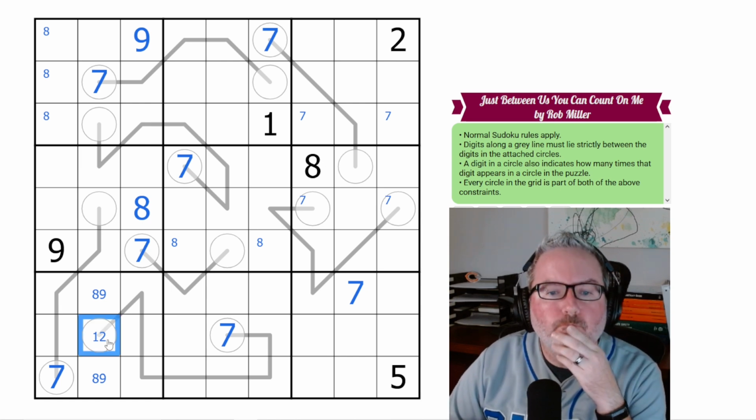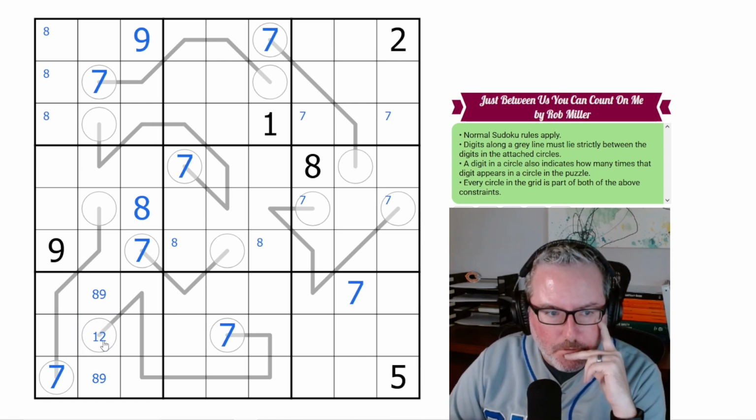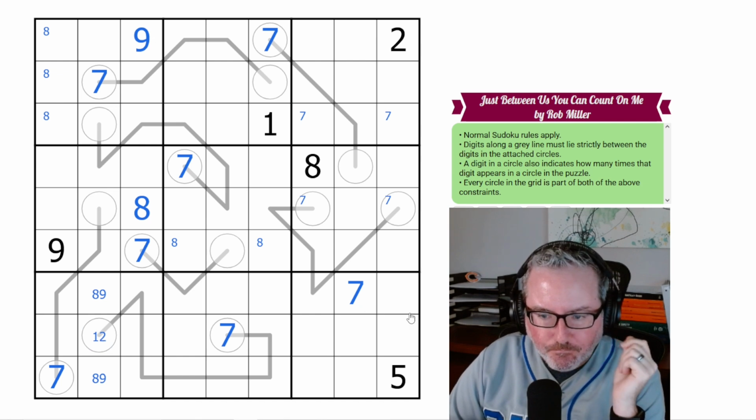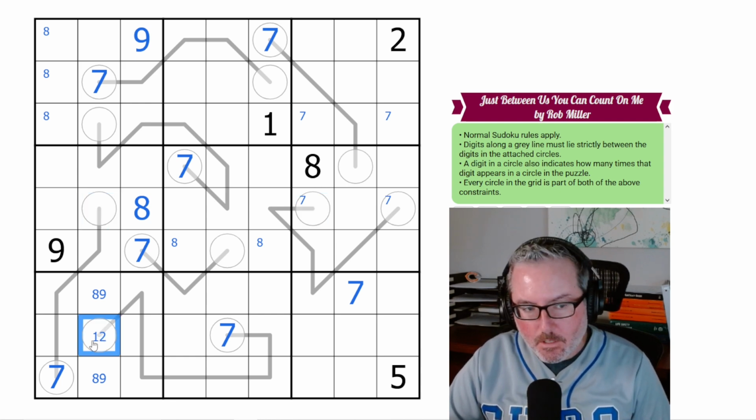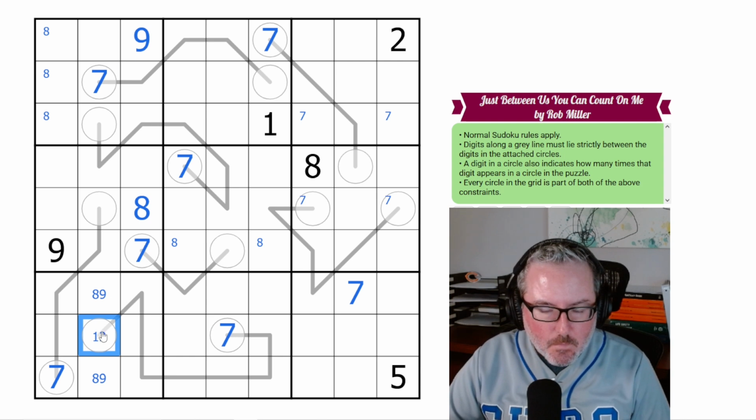So if we know that this is 1 or 2, it's telling us that we're going to have a pretty small number in a couple of these. It could just be a 1, let's say, and that would be the only one we could ever put in any of the other circles, or it could be 2 where it'd be paired off with something else.